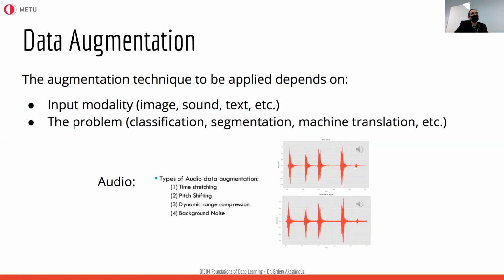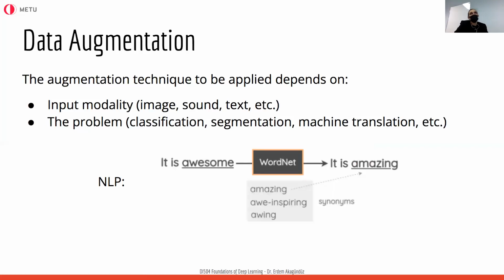Different types of augmentation. In NLP, it is different. For example, you're doing machine translation. You can use some set of synonyms for some sentences. Instead of saying it's awesome, you can check the WordNet. WordNet is a digital library of synonyms for English words.